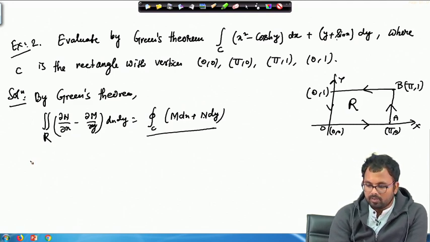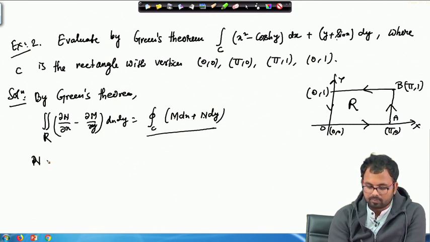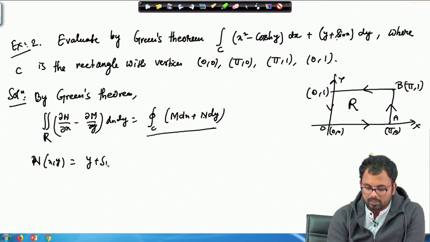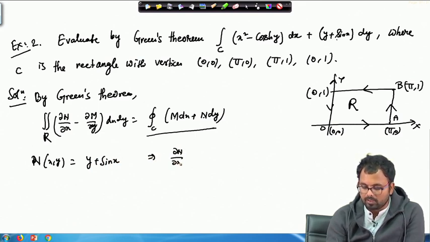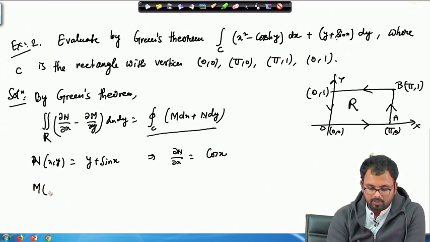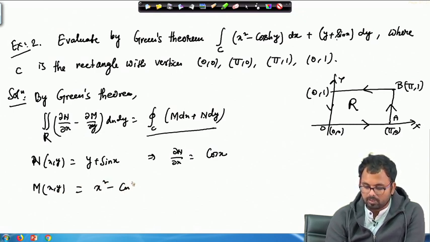If I convert this line integral into a surface integral, then our n of x y is basically y plus sin x. So from here del n del x would be cos x, and our m of x y is x square minus cos hyperbolic y.